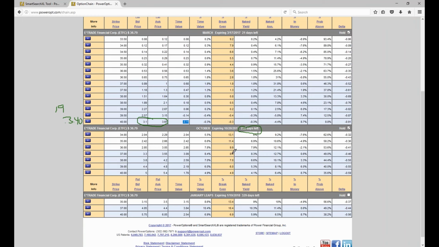10 times the amount out in time to October, 238 days, the 40 strike put is only at 520. All right? So we've gained 220 days of time and only $1.80 more in cost basis. And if we go all the way out to January, which is 329 days out, 575 to 605.